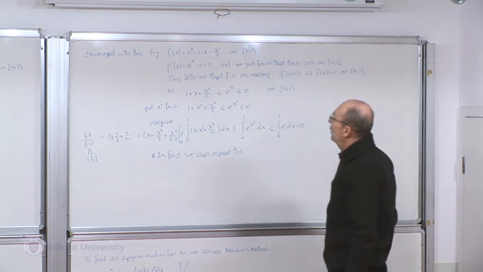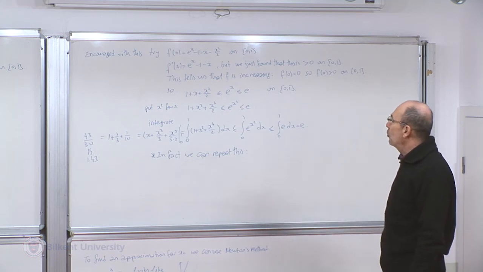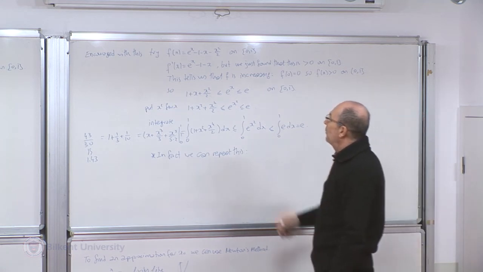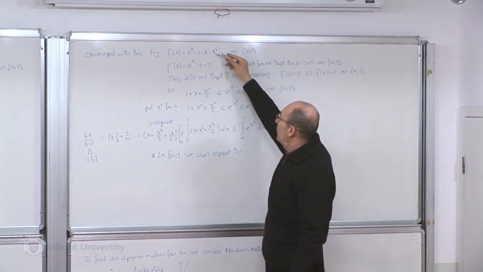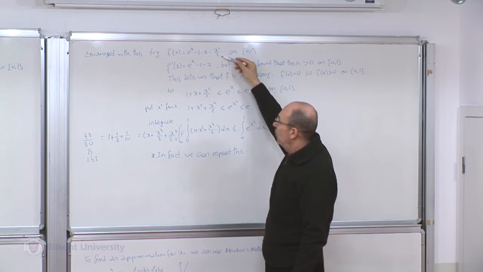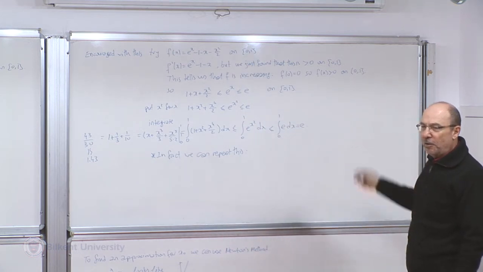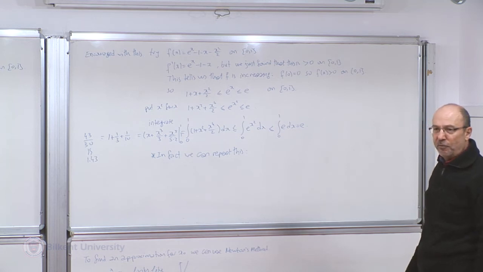If I subtract x cubed over 3 factorial, when I take the derivative, 3 becomes 2, and the 3 cancels against the 3 factorial, so 2 will survive. So I'll have minus x squared over 2 as I intended. The next thing, I'll have x to the 4 over 4 factorial.